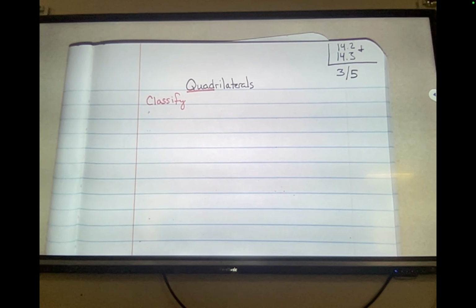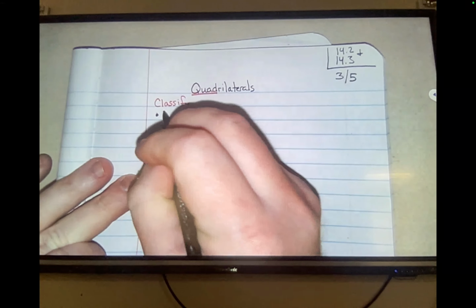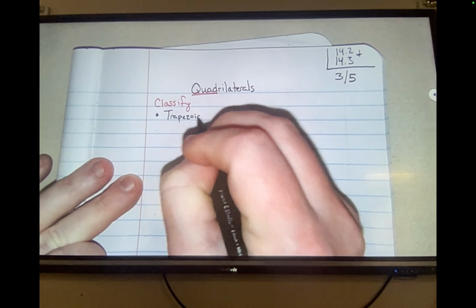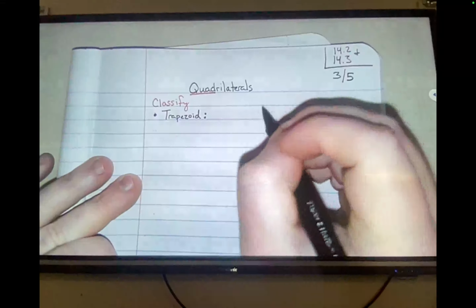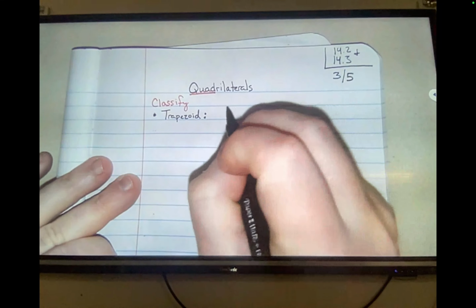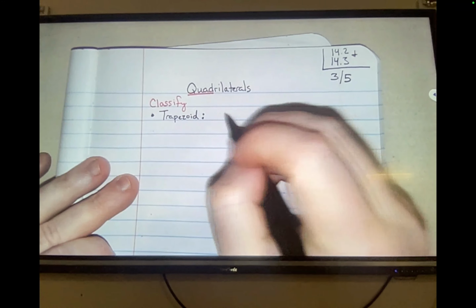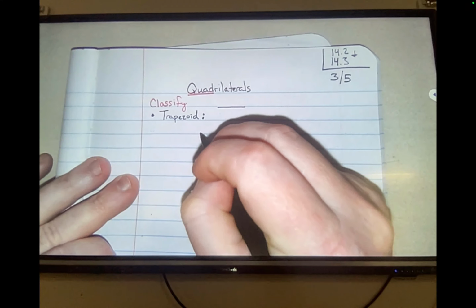So let's talk about this for a minute. The first one is a trapezoid. Say trapezoid. Trapezoid, good. So a trapezoid is something that looks like this. And let me tell you first off, I am not a good drawer, so there will be better drawings in the book, but I think we can make these if we are careful enough.